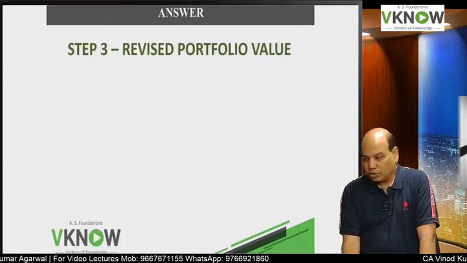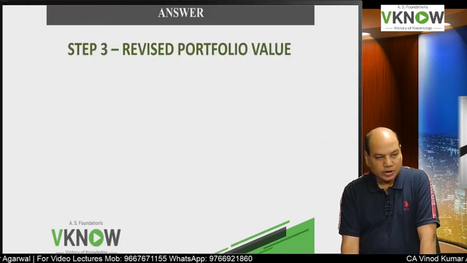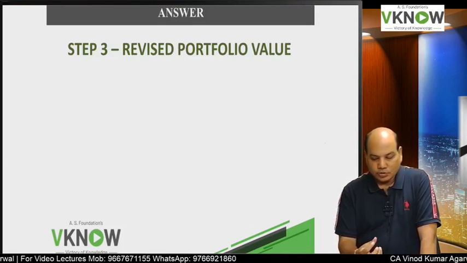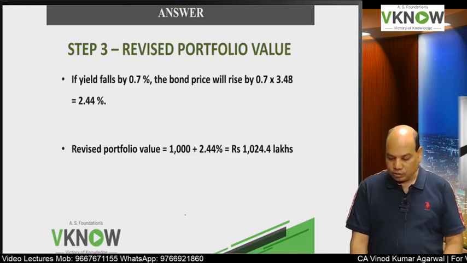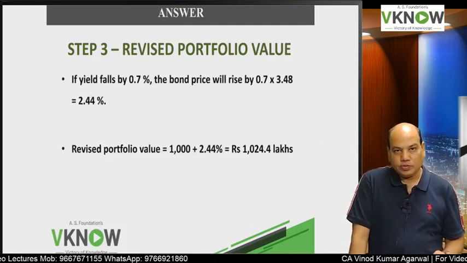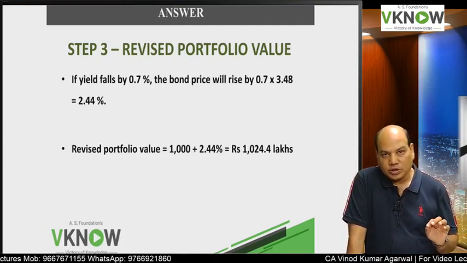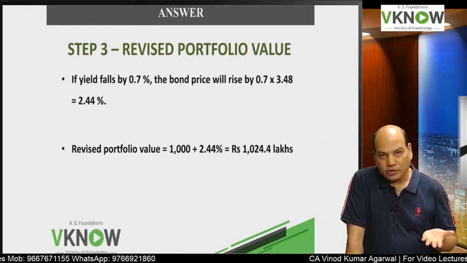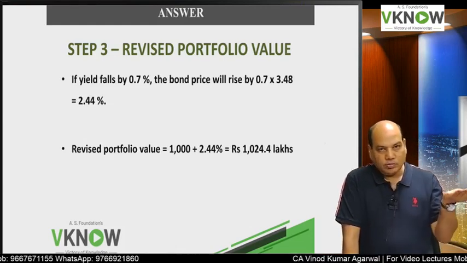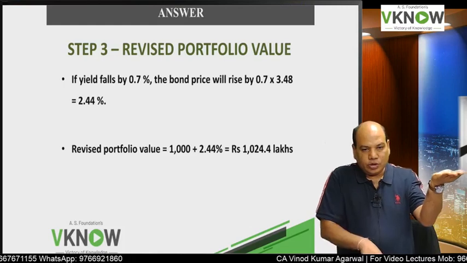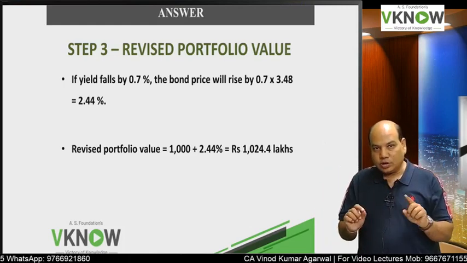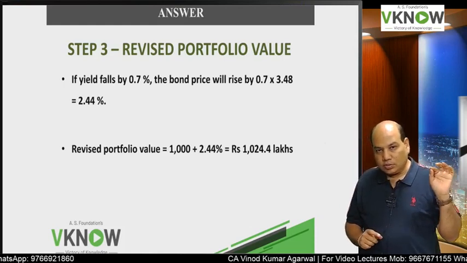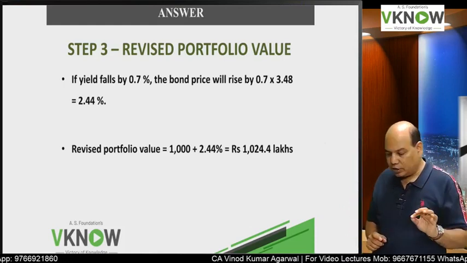So write down below, step 3, revised portfolio value. First we'll check by what percentage the portfolio value will increase. Bond value will increase because YTM is going down. So if YTM goes down, bond value will go up to the extent of the change in yield into modified duration.